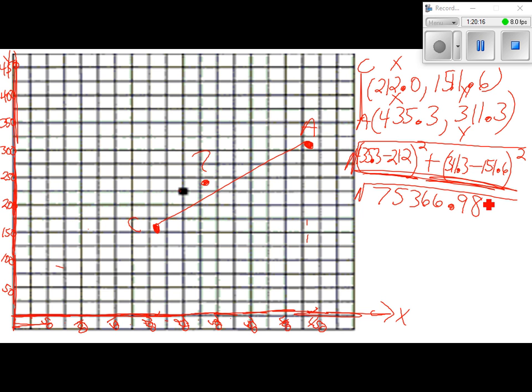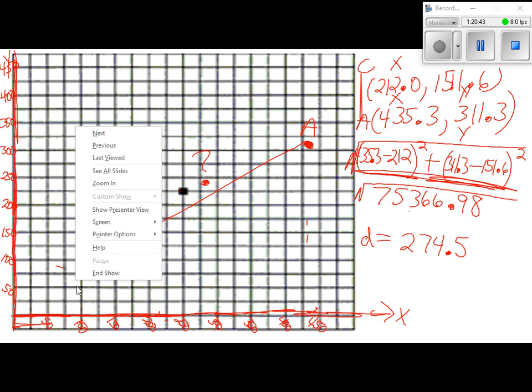Then all I'm going to do is hit second square root, and type in that number, 75366.98, hit equals, and it tells me that my distance ends up being 274.5.